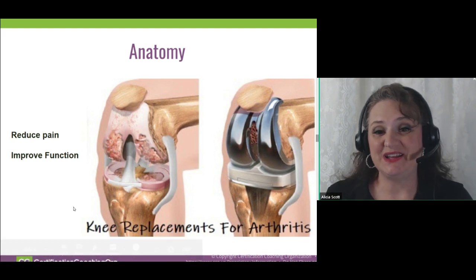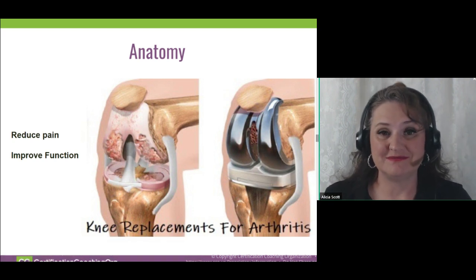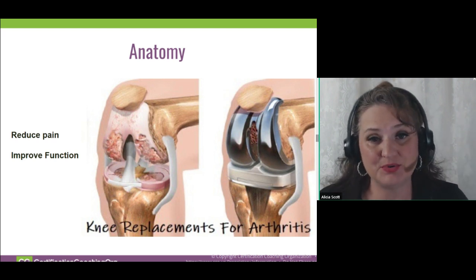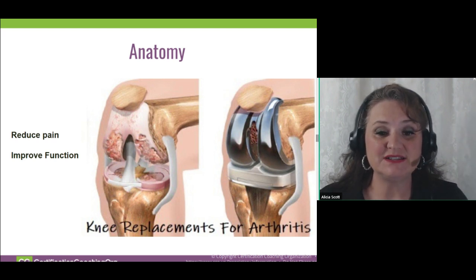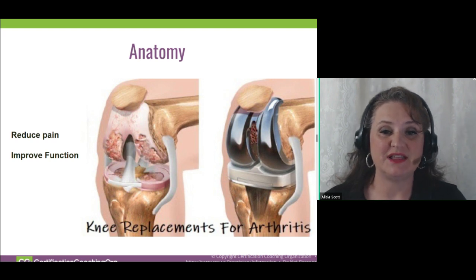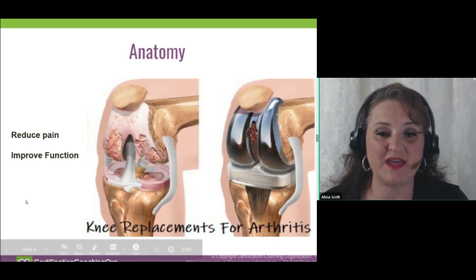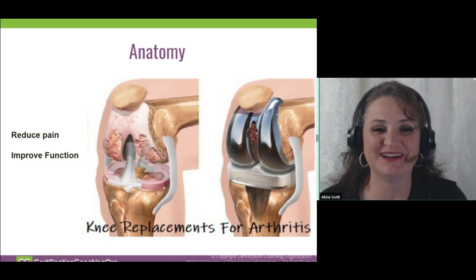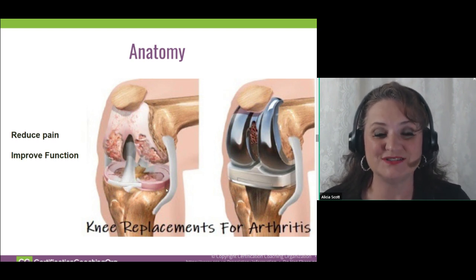Why do you get a knee replacement? Well, number one reason is to reduce pain and to improve function. This is a picture of somebody that has osteoarthritis. Notice that I told you about that ACL ligament right there, but all around here, doesn't that look like denture cream? That is worn out, right?